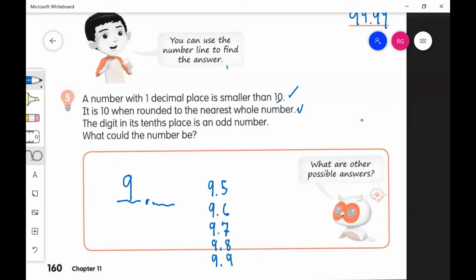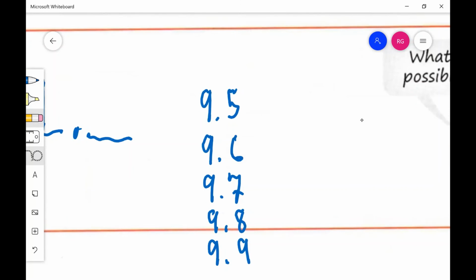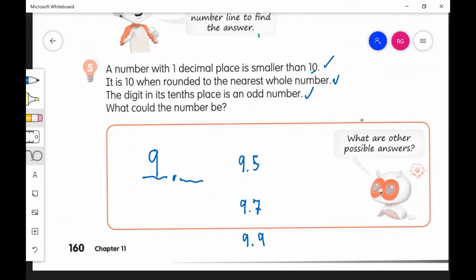And the third thing there says the digit in its 10th place is an odd number. So what ones do I need to take out here? 9.6 and 9.8. Okay, so 9.6 is out, 9.8 is out, and we're left with those. What could this number be?